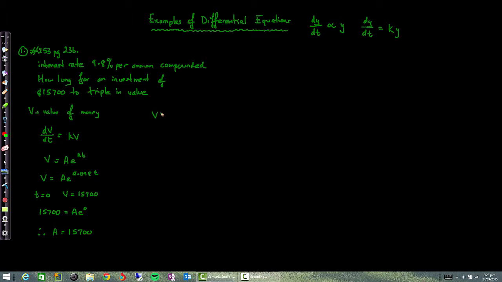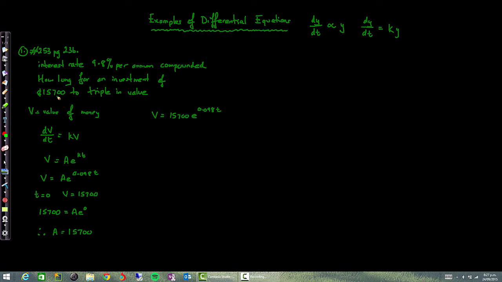Okay, so just moving over to the right here a little bit. Our equation now is V equals 15,700, putting that in place of a, e to the power of 0.098t. Right, so having got that equation, let's now figure out how long it's going to take for 15,700 to triple in value.